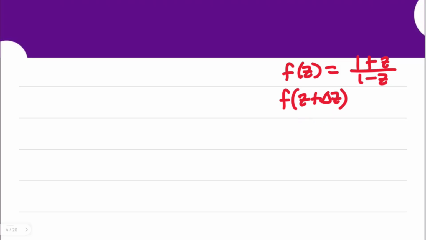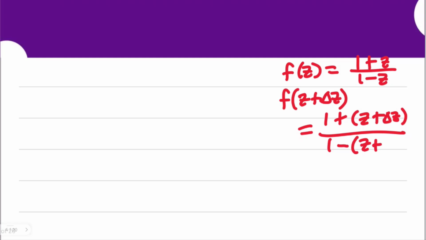Okay, so let's try to show that here. It will be equivalent to 1 plus z, let me place it here, denominator, because there might be some other processes. So you have 1 plus your z becomes z plus delta z, all over 1 minus your z becomes z plus delta z.